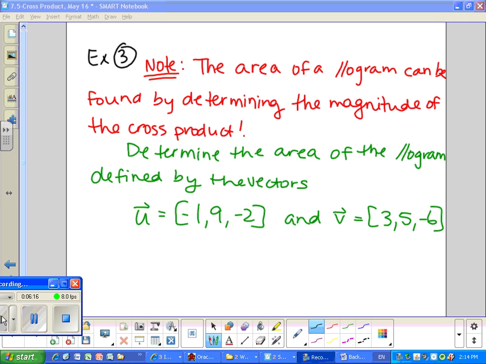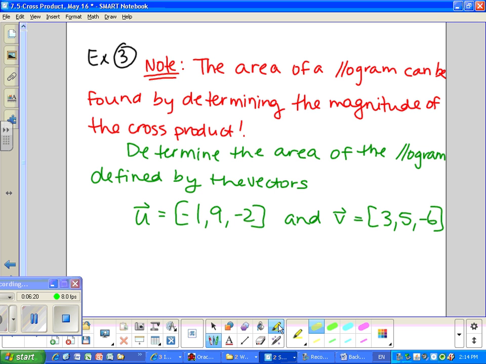Okay, so one other thing to note, gentlemen. If we have a parallelogram, how can we find the area of that parallelogram? It's by finding first the cross product. Once you have the cross product, then you find the magnitude of that vector. Once you have that magnitude, that is the area of the parallelogram.